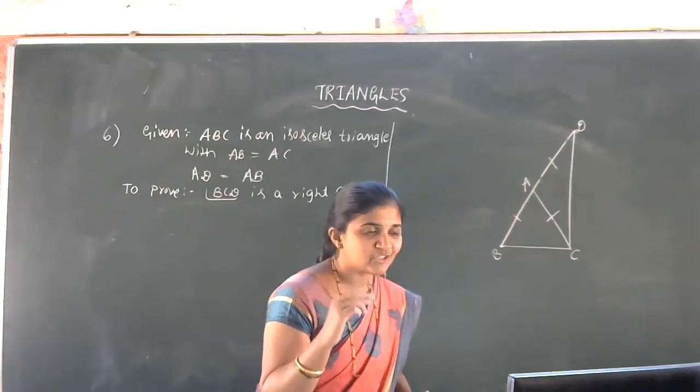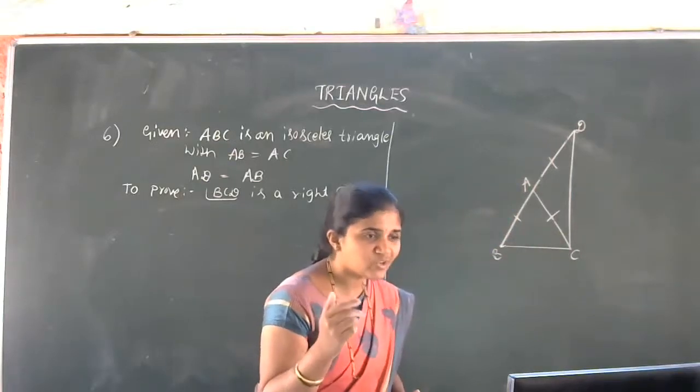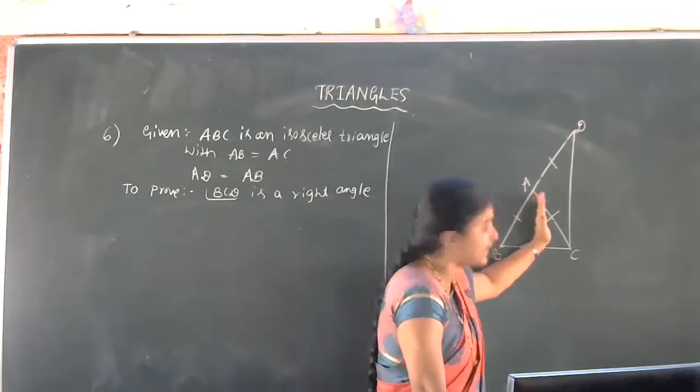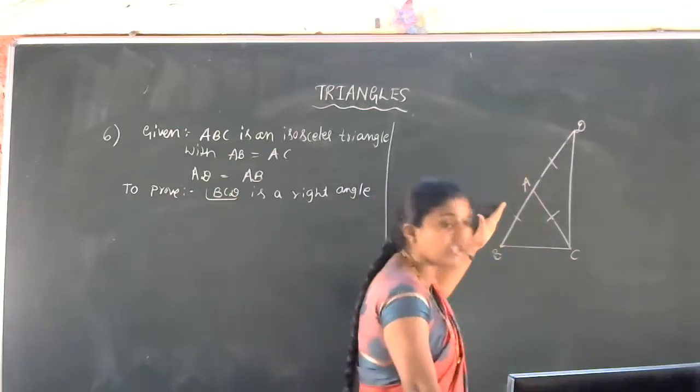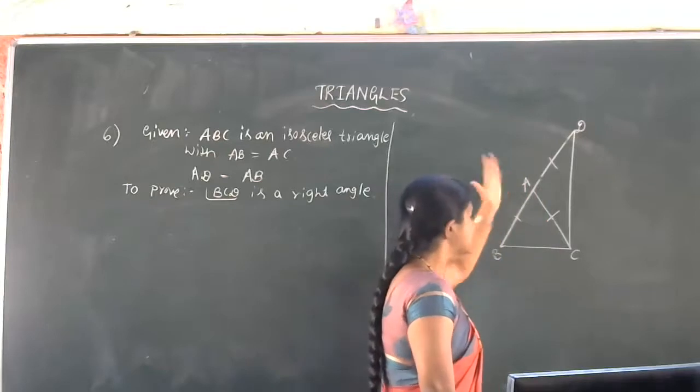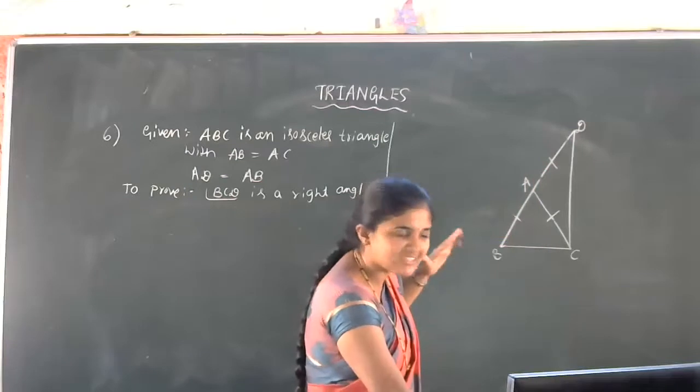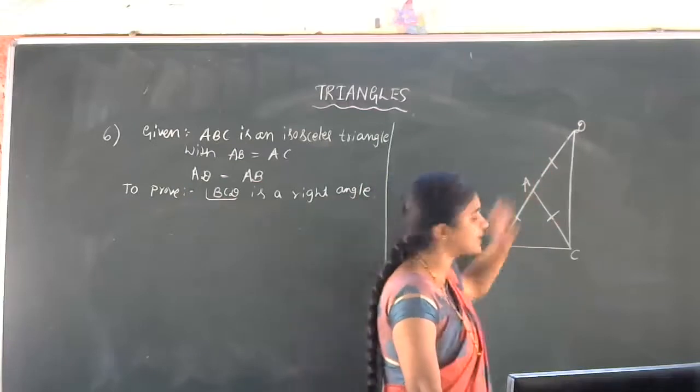Now, if these two sides are equal, this angle is equal to this angle. Can we write that? Which two angles? Angle ACD is equal to angle ADC.